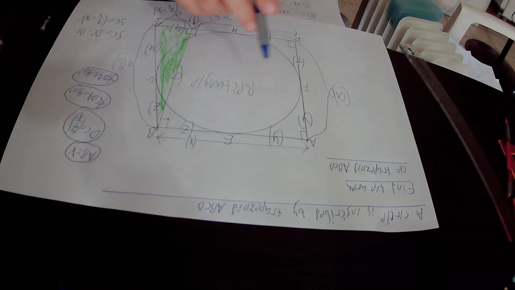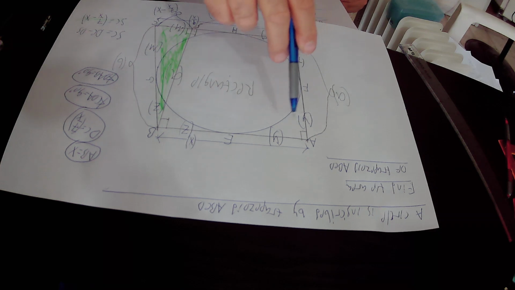So the area of this trapezoid ABCD is equal to the sum of its two bases. The two bases must be parallel to each other. Here we have rectangle ABSD. In this rectangle, side AB is parallel to the opposite side DS.